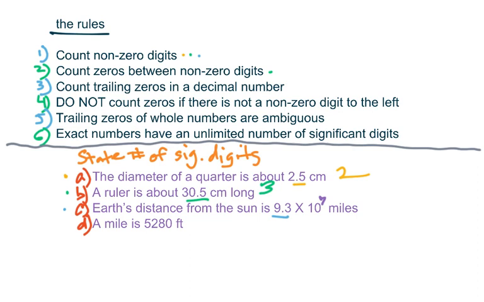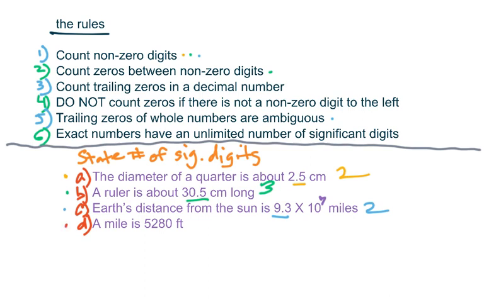Do not count zeros if there's not a non-zero digit to the left. Trailing zeros of whole numbers are ambiguous. Okay, I think that's the thing that we're talking about here. So again, surprisingly, even though this would go out to about 93 million, this only has 2 significant digits. Again, ask a scientist.